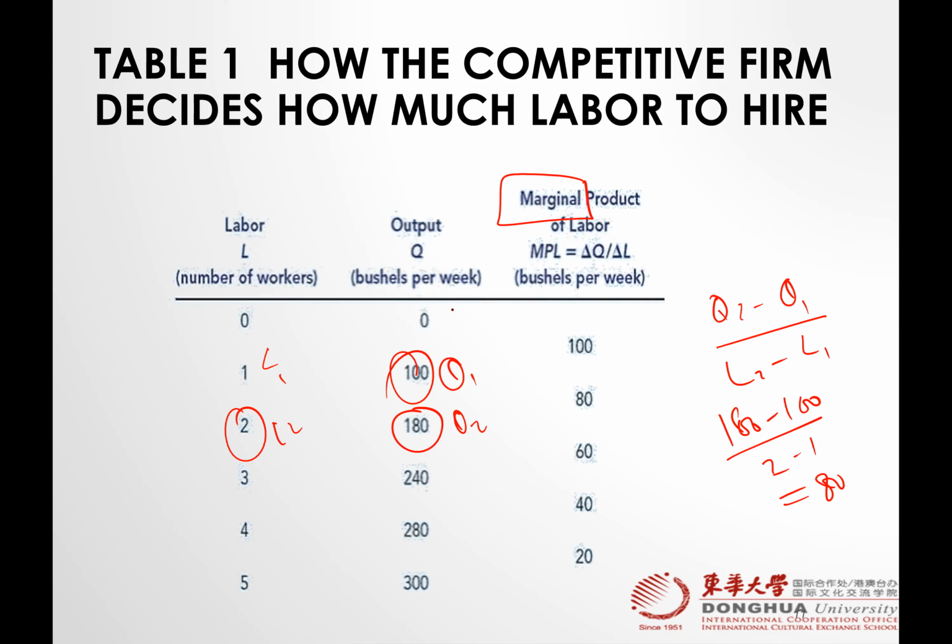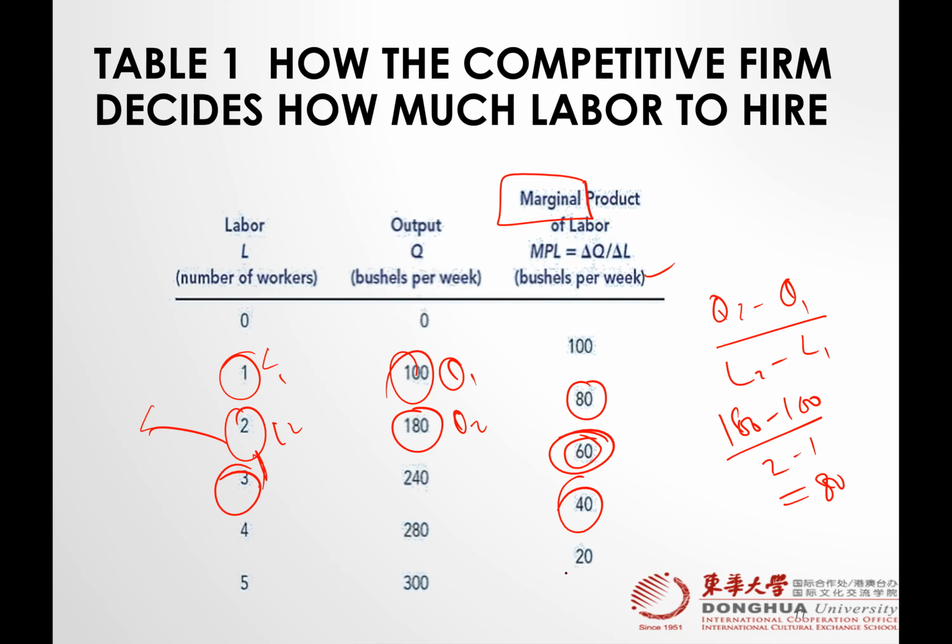So this marginal product of labor is telling us, what do we mean by marginal? Marginal means additional or one extra. If we employ one more laborer in our business, he is adding only 80 bushels per week. And what does this 60 mean? If we add a third worker, he is adding an extra 60 bushels of apples per week.